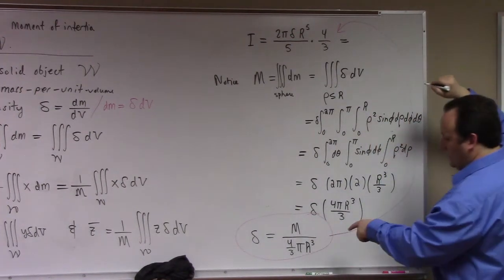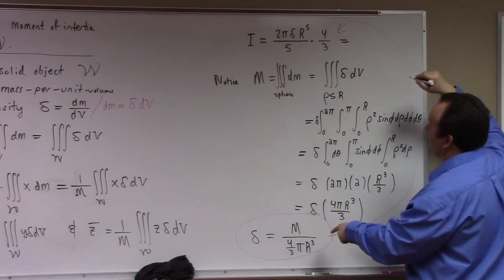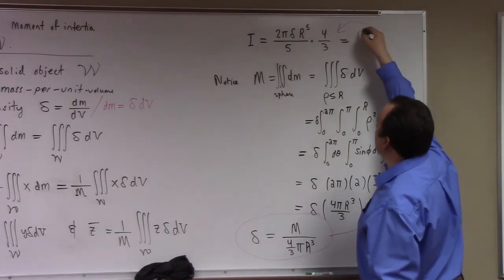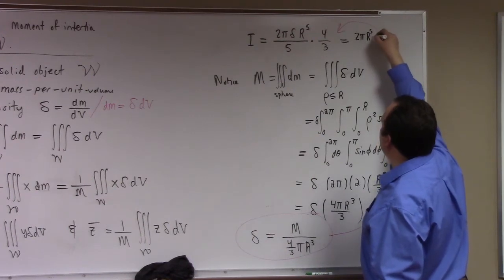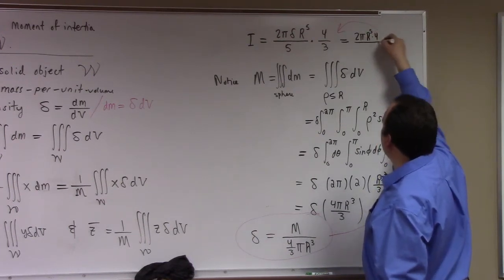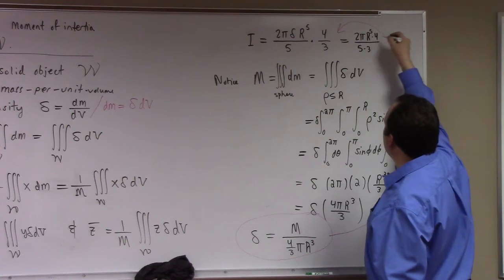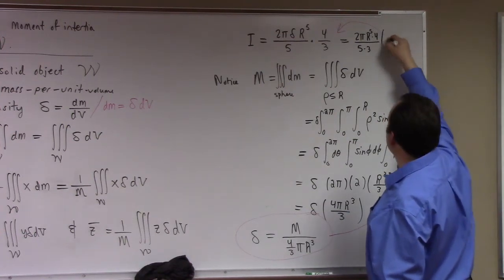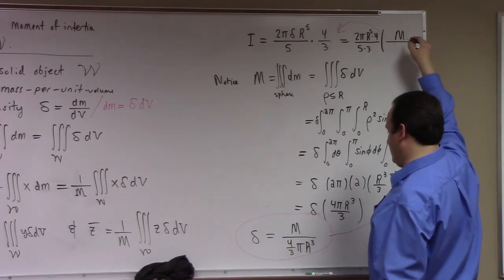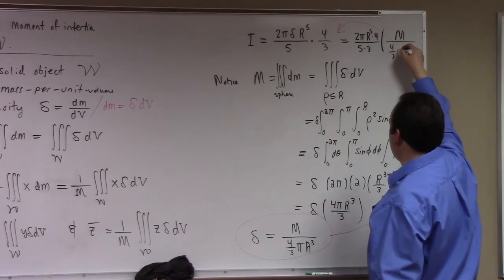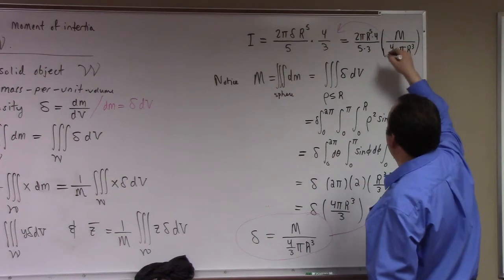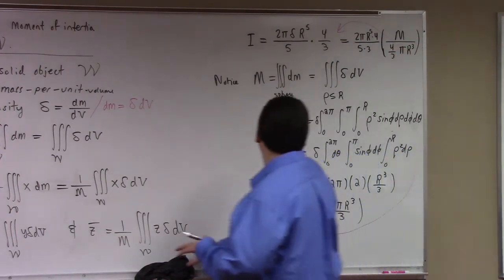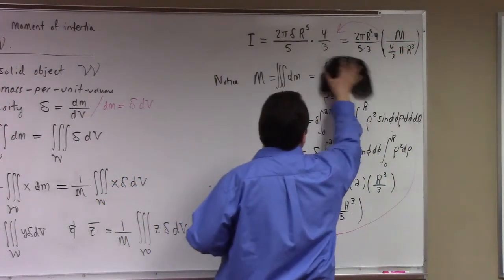What do we get? Is there a copy of m? Fine, I'll just write it out. 2 pi r to the 5th times 4 divided by 5 times 3. And then what's my delta? My delta is equal to m divided by 4/3 pi r cubed, right? So if you allow me to erase the start of this.